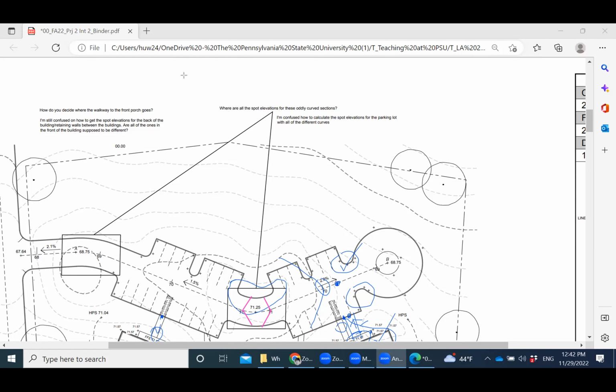But all these, everything on the west side of the contour, you could determine by the parallel lines of your contour. So if your 70 goes like this, these would be parallel to each other.